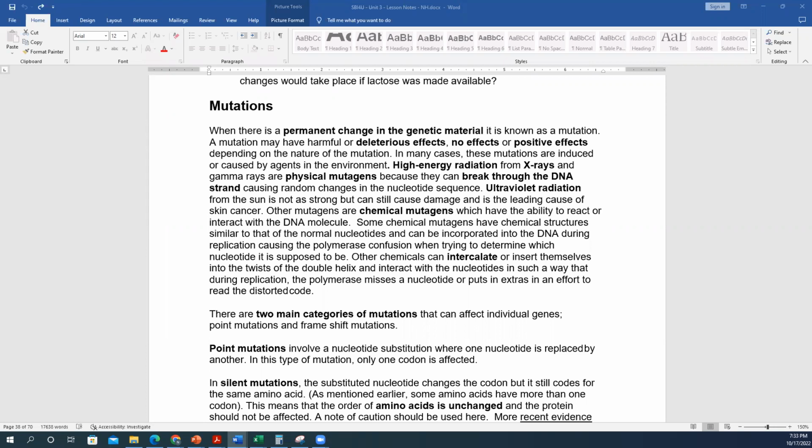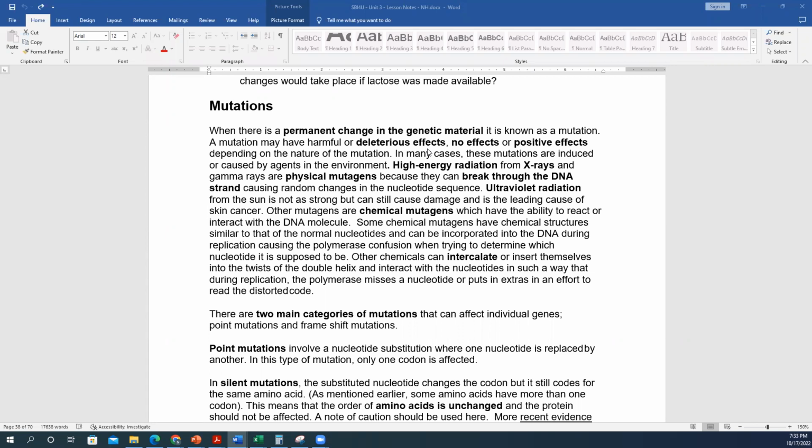So when there is a change, sometimes a permanent change in the genetic material, that permanent change is known as a mutation. And mutations can oftentimes be very harmful, have very serious effects. Sometimes they can have no effects, and sometimes they end up having some sort of a positive effect, depending on exactly what type of mutation has taken place.